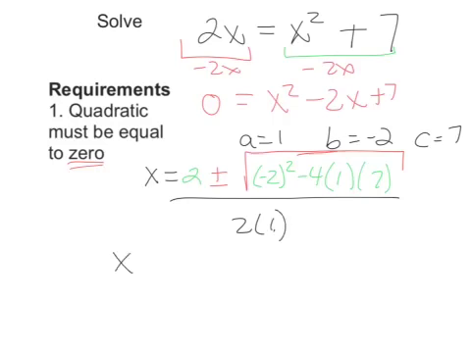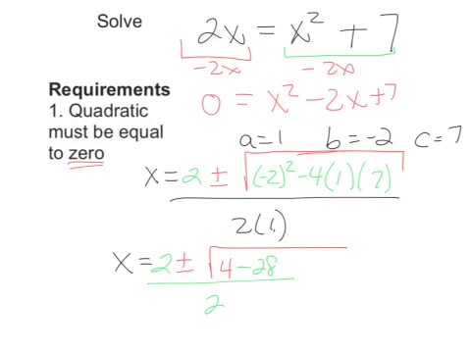Now with this one we start to simplify. I'm just going to simplify under the square root first. Always do that in 2 steps. So what is this expression equal to? Well, negative 2 times negative 2 is 4. 4 times 1 times 7 is 28. And there's only one negative, so it's going to be minus 28 all over 2.